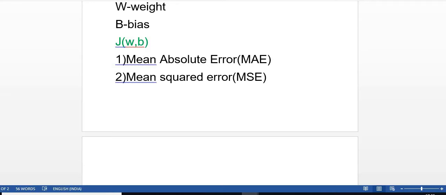We call them MAE and MSE. So there are two types of cost functions, MAE and MSE.